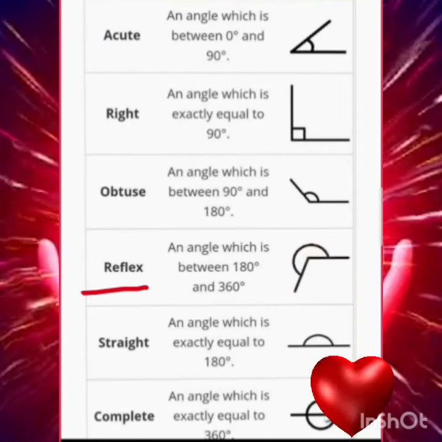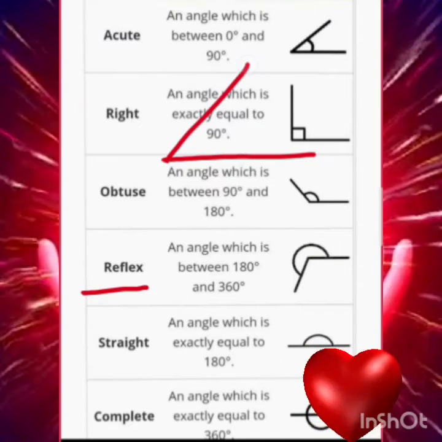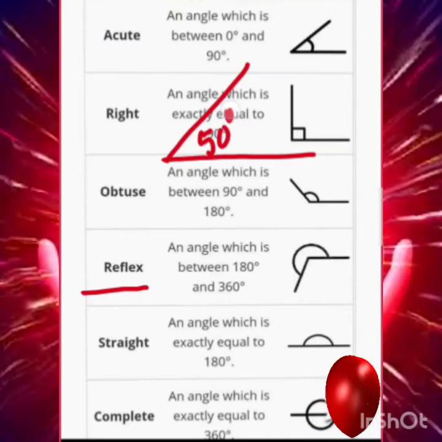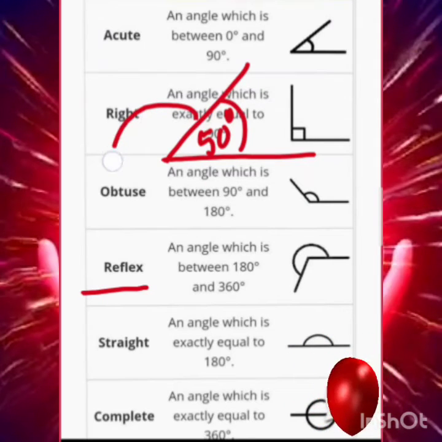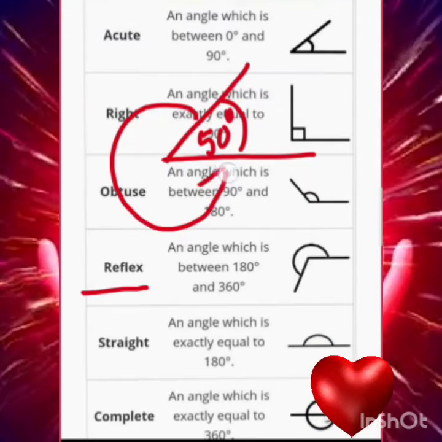Dear students, simply I am telling you, suppose I have one angle here that is 50 degree. 50 degree is an acute angle, all of us know very well. But how to define reflex angle? Dear students, reflex angle means the remainder from 360 degree, because a complete circle is always 360 degree.